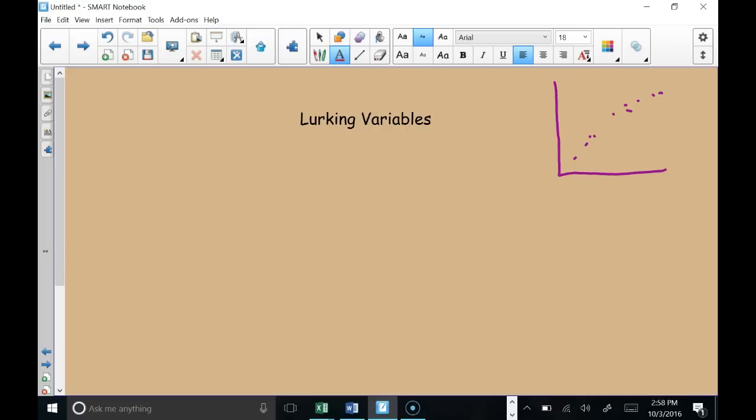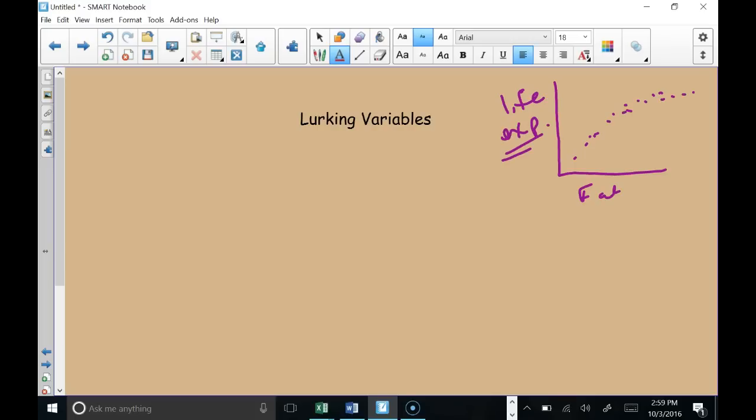Okay. Fat versus life expectancy. And it looked at like 40 different countries.